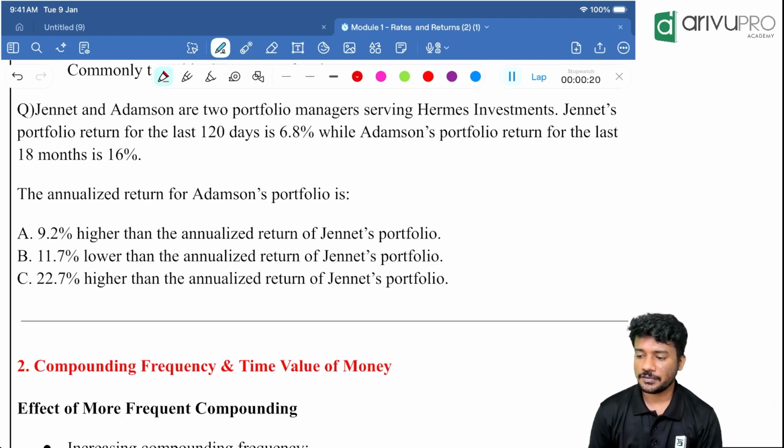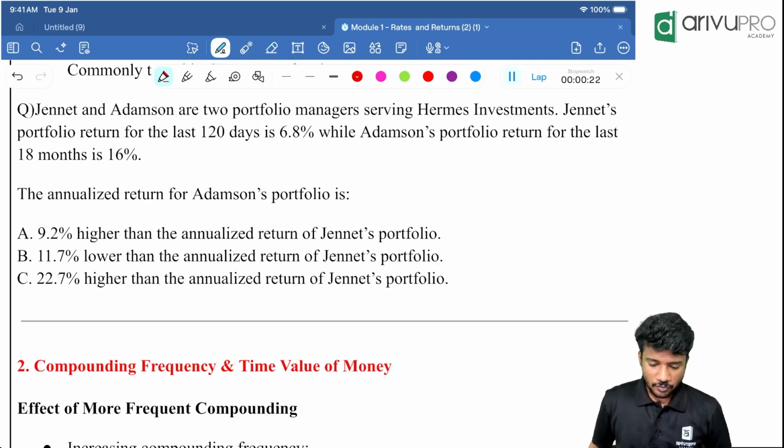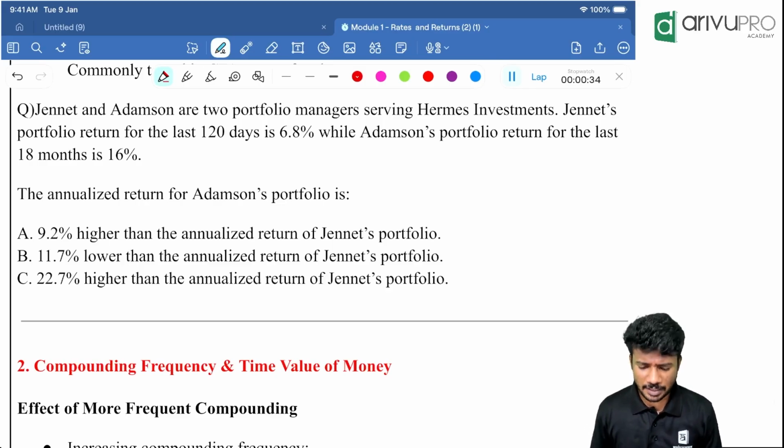Get me the answer. Very easy question. Find the annualized return. Then we need to find the difference: how much this person's portfolio is higher or lower than Janet's. That is the question. Try.